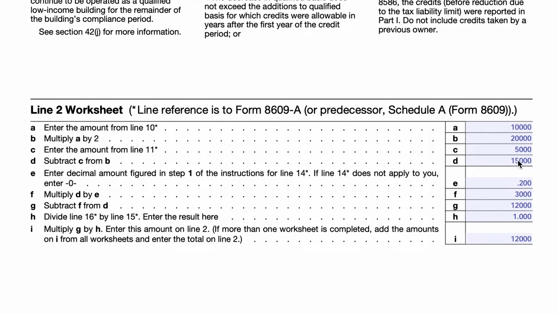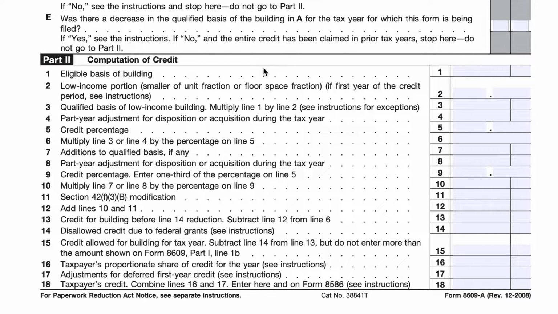Now, there's a decimal amount that you would need to apply for line 14 of this, which is the disallowed credit due to federal grants. So if you received a grant, you can't have the credit apply to that amount of money.